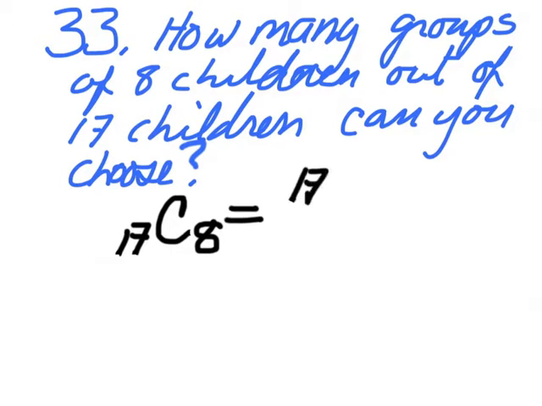Well, it's 17 factorial over 9 factorial times 8 factorial.